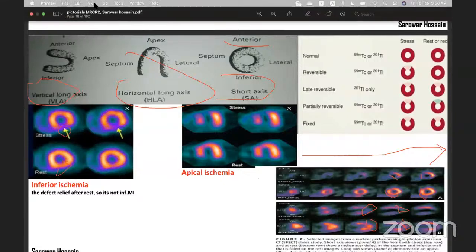How can we remember this is apex, this is base? Actually, it is like regular heart images only. This is the apex, and it goes on increasing in size gradually in those images. Apex means the tip of the left ventricle.